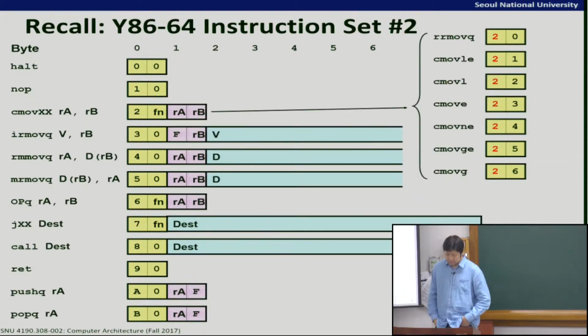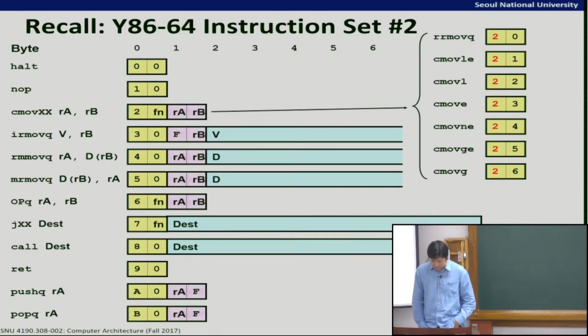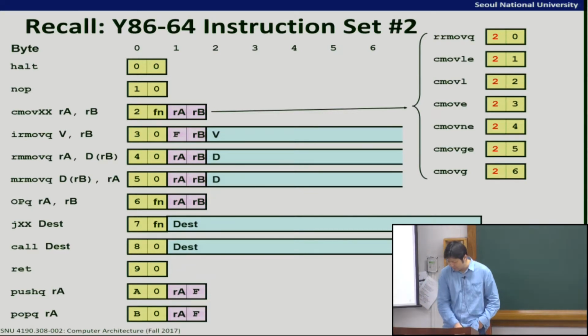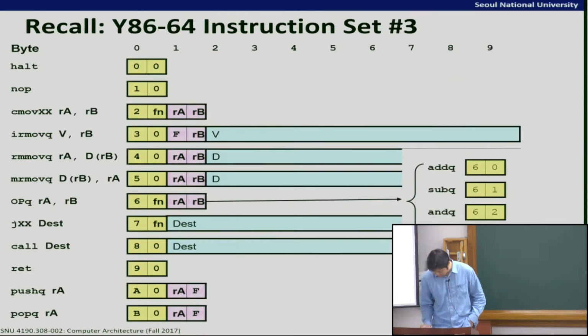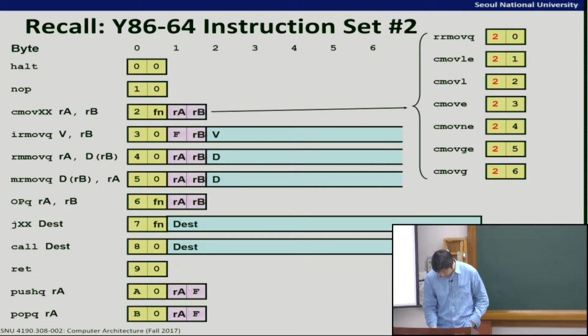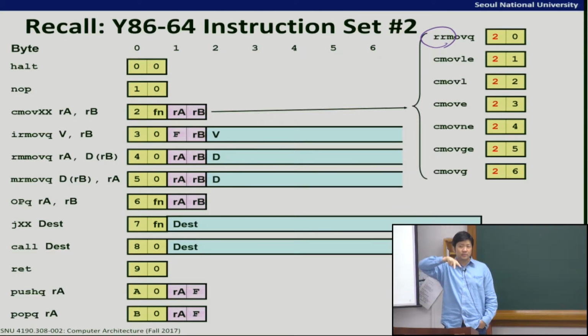Okay. In this conditional move, there's an XX thingy. The XX is basically the condition. If it's 0, then it's an unconditional register move, right? 2, 0 is the unconditional register move. But if the second nibble is a non-zero value, then it will be a conditional move.